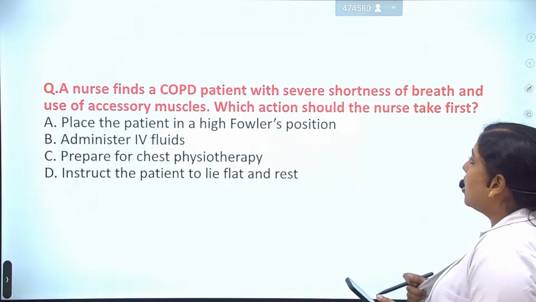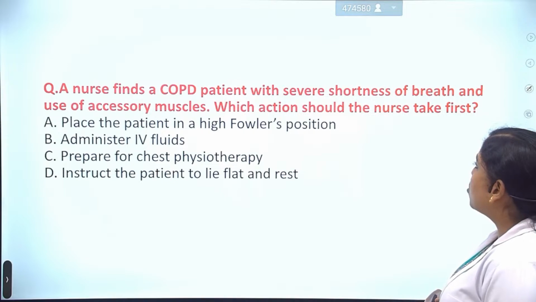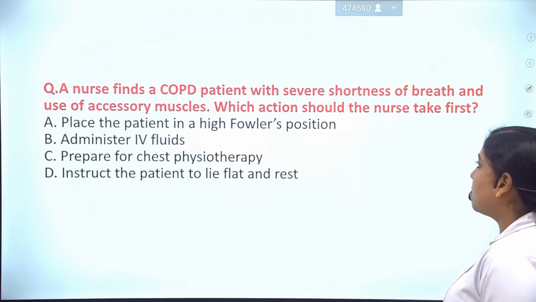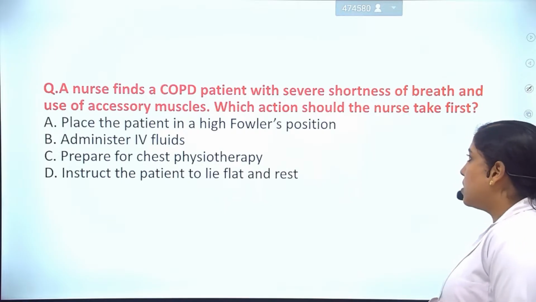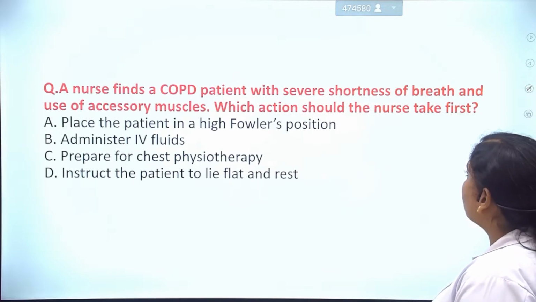A nurse finds a COPD patient with severe shortness of breath and the use of accessory muscles. Which action should the nurse take first?